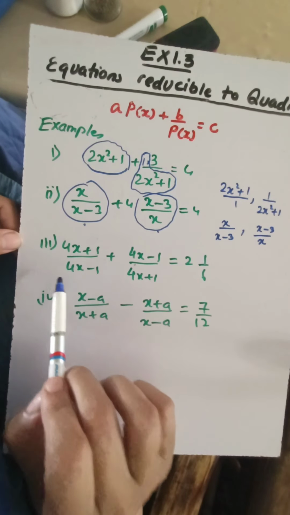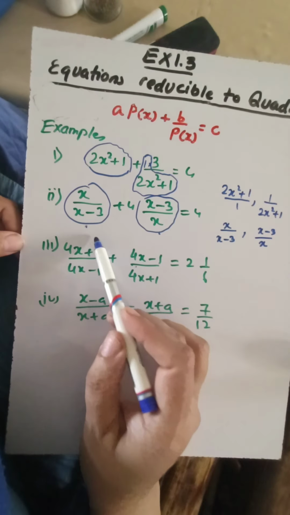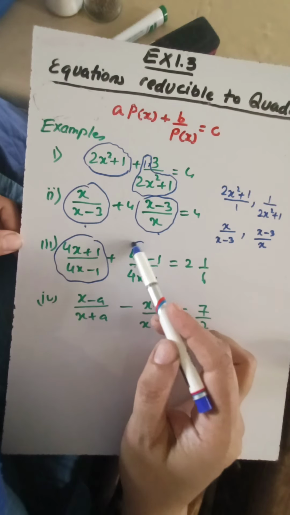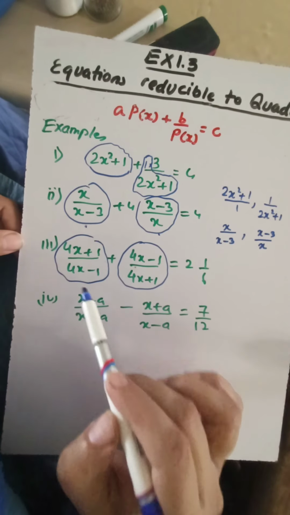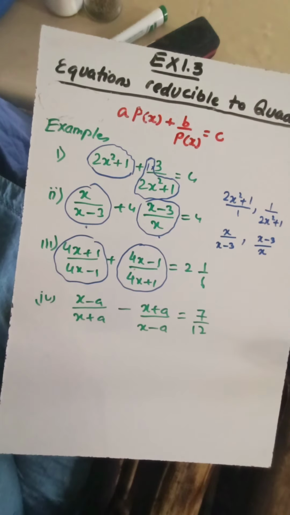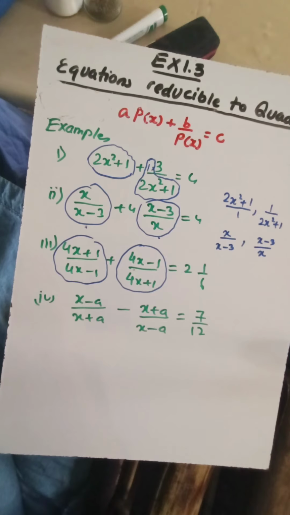Same is the case over here: 4x square plus 1 over 4x minus 1 plus 4x minus 1 over 4x plus 1. Here we have the expression, and if I take its reciprocal, we get the other expression. So we are involving the expression and its reciprocal in the same equation. In such cases, we are going to use the method that I am going to tell you now.